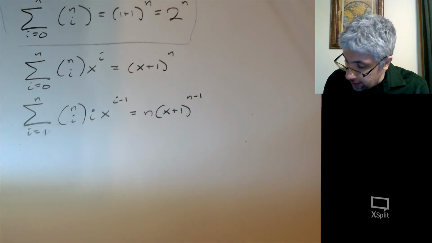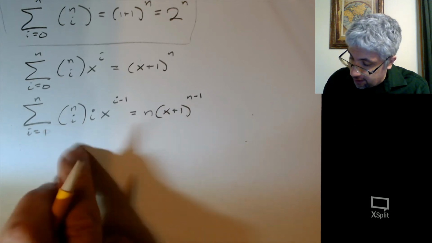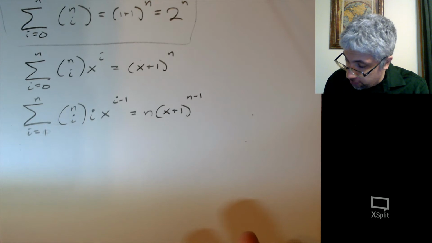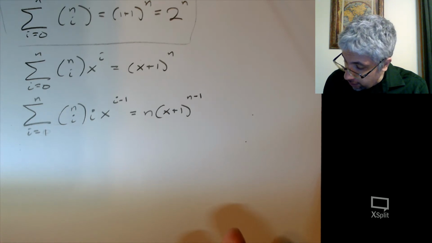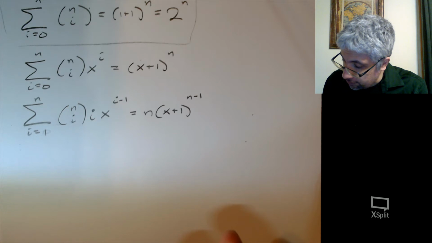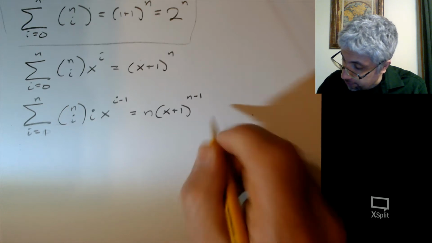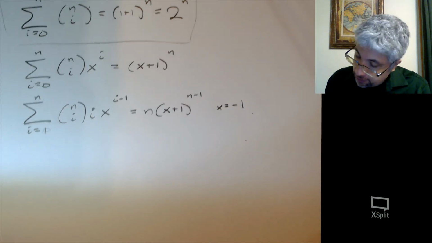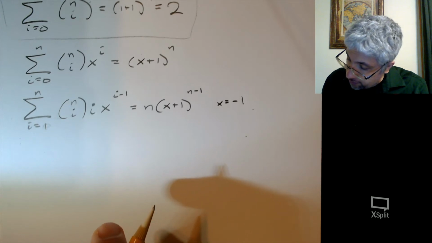But in any case, I get this identity, and this can be used to prove all sorts of things as well. For example, let's say x is equal to negative 1, that's sort of famous.